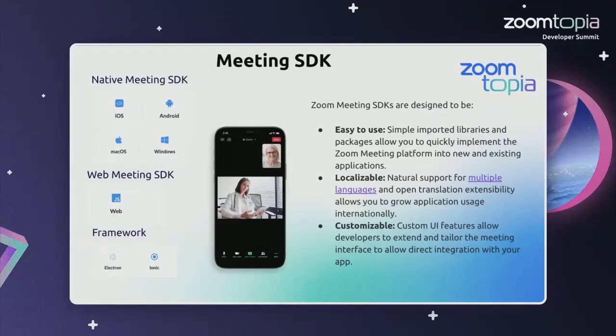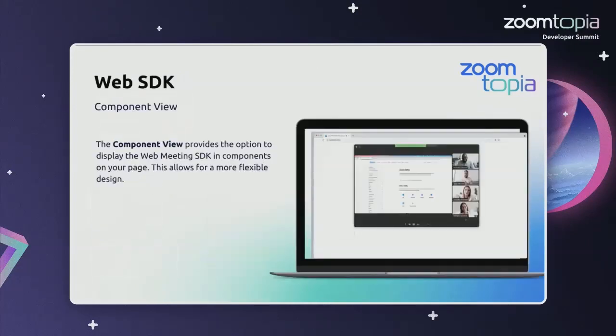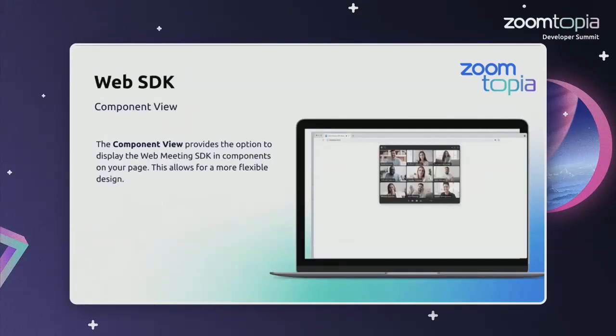The Meeting SDK supports native, which includes iOS, Android, Mac, and Windows. It supports web and two frameworks, Electron and Ionic. Additionally, the Web Meeting SDK includes two different types of views. This is our web component view.